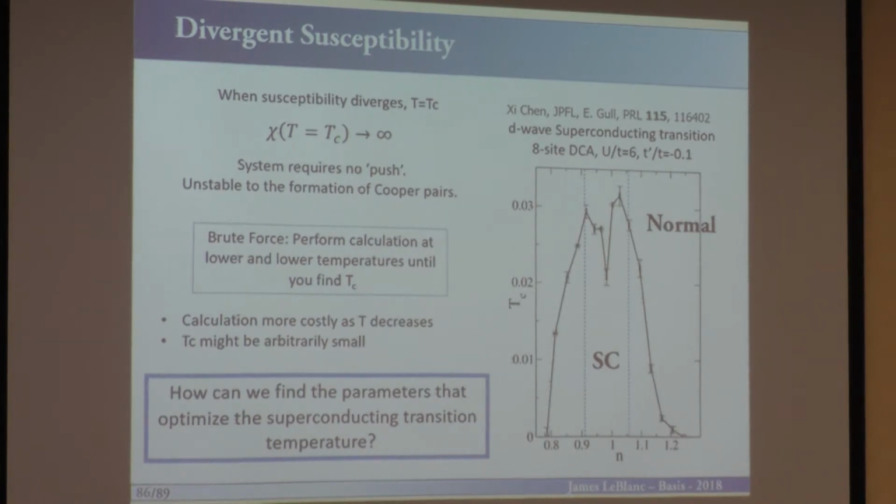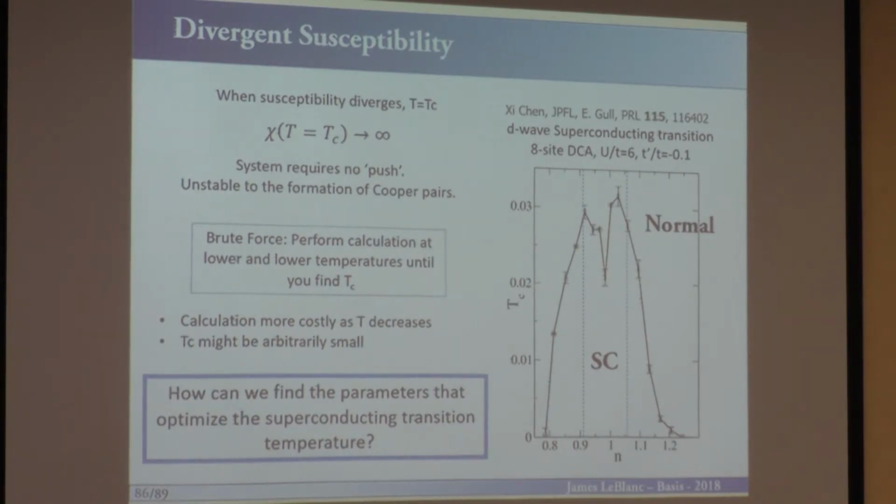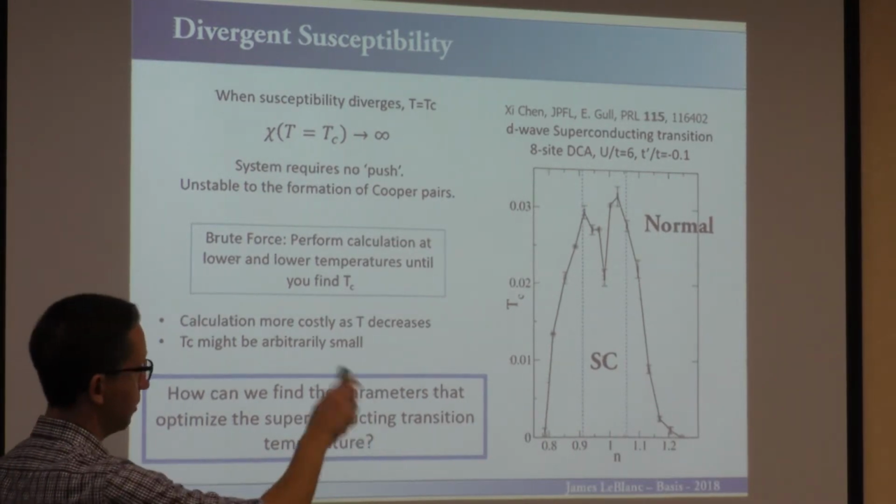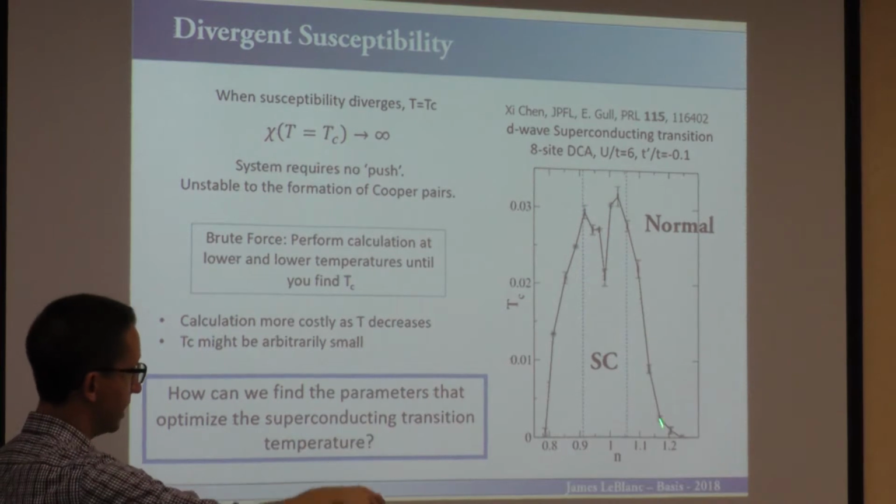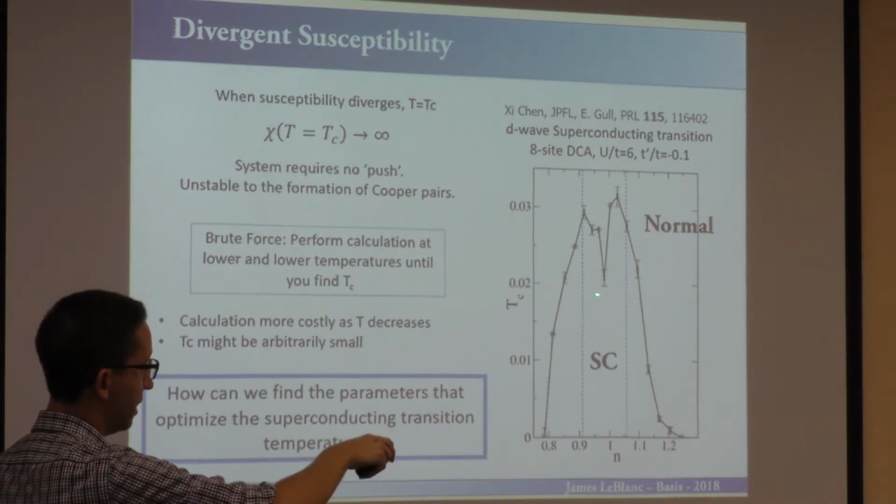So we can do the most mundane thing. We can brute force solve the problem and look for superconducting states. So we look for those divergences in susceptibility, or we could look directly for the order parameter, the anomalous Green's function. When that thing's non-zero, it says we have a superconducting gap. We can perform those brute force calculations, and within the 2D Hubbard model for some particular parameters, we would find a dome that looks like this, and it has a dip down in the middle.